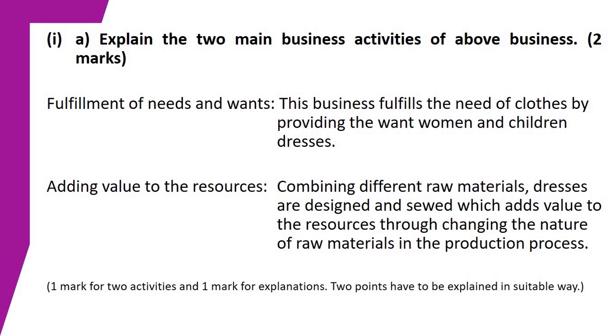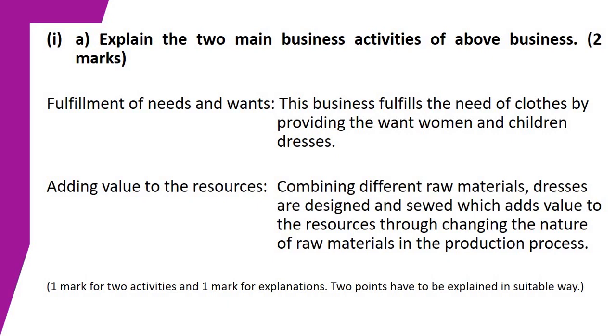Now as a help, I have explained that here. The first point is explained as: the business fulfills the need of clothes by providing the want, women and children dresses. Adding value to the resources, the second one, means that in the production process, when resources are changing to create a final product, at each stage of that process value is added to the resources.